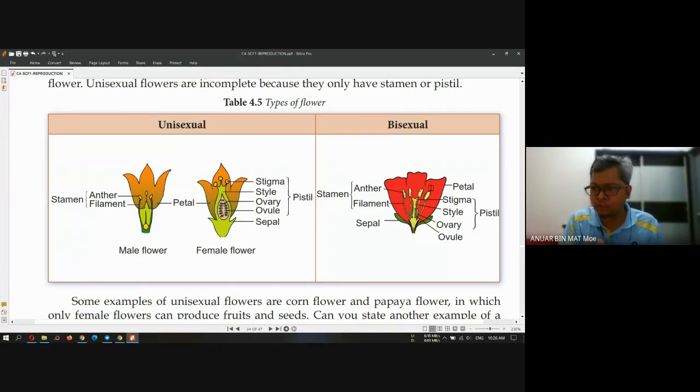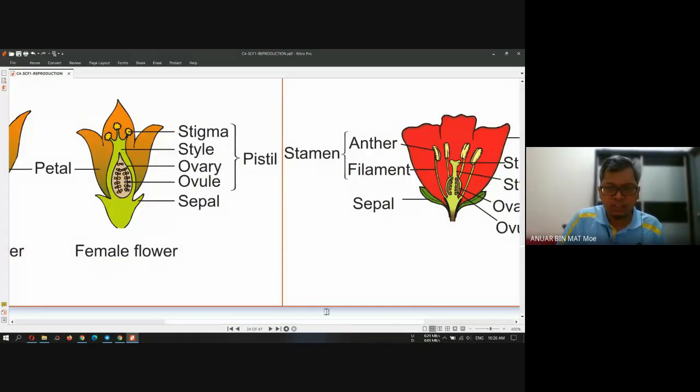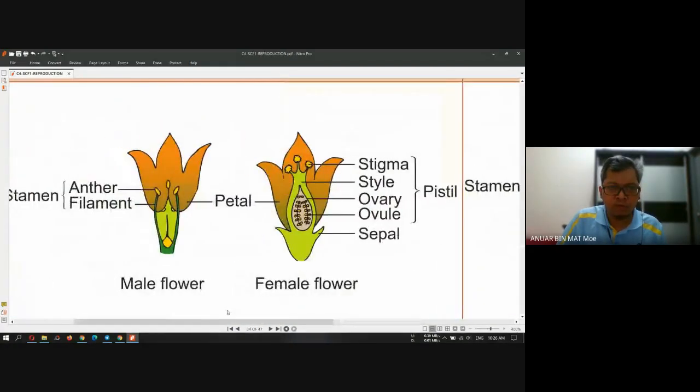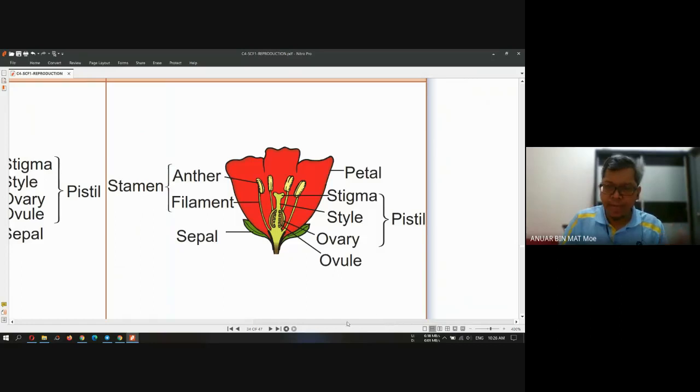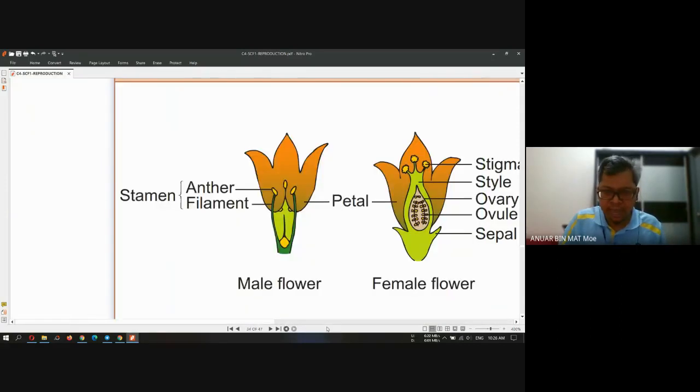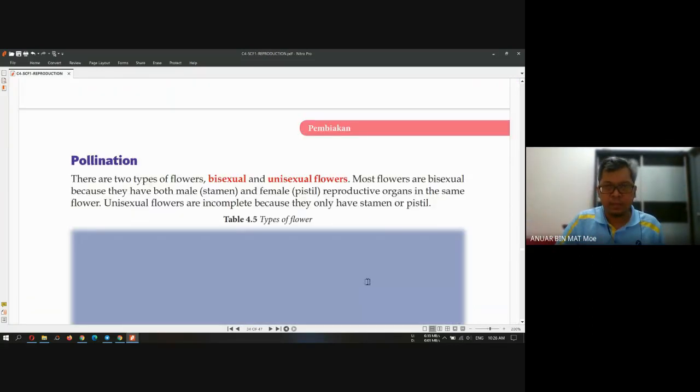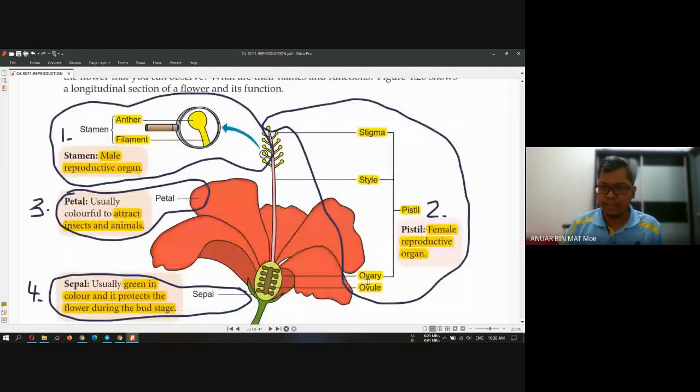And some plants will have unisexual flowers. Unisexual means it has two different flowers, one is the male flower and the other one is the female flower. If you refer back to the diagram on page 120, what type of flower is this? This one. Is it bisexual or unisexual?